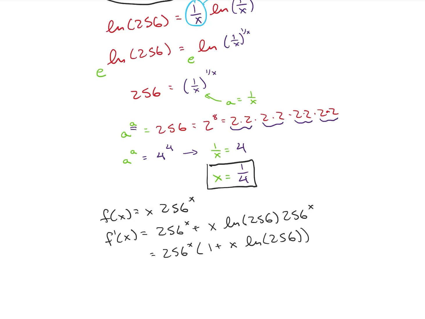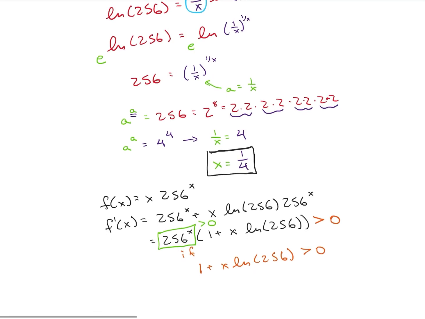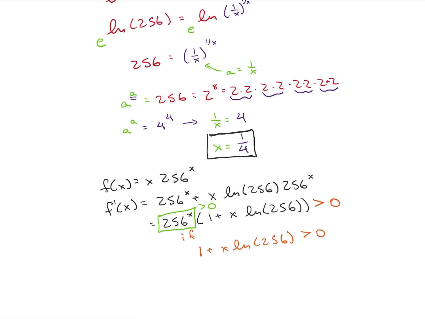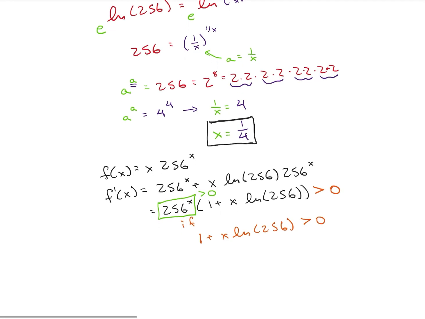I notice that this whole thing is greater than 0 if 1 plus x ln of 256 is greater than 0, because 256 to the x is always greater than 0. No matter what real number I put in for x, that will always be positive. So when is 1 plus x ln of 256 bigger than 0?